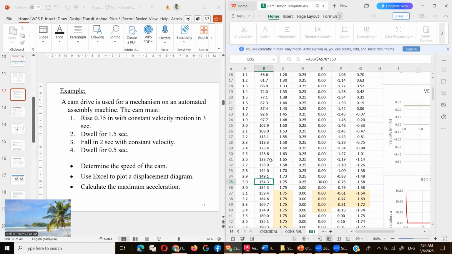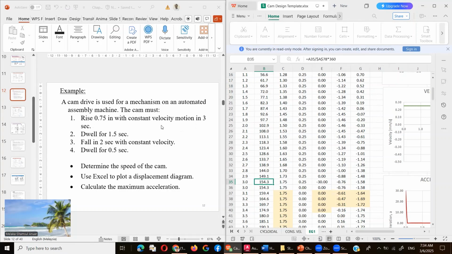And at the boundary between two motions, like between rise and dwell, you have to have double, because at time 3 seconds, there is a part that follows the previous or the first motion, and then at that same time it follows the next motion.